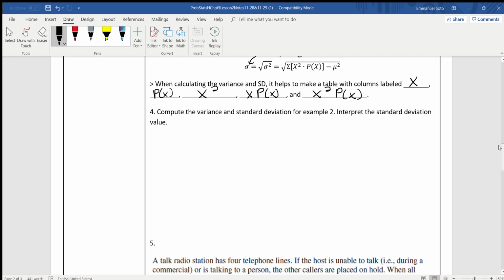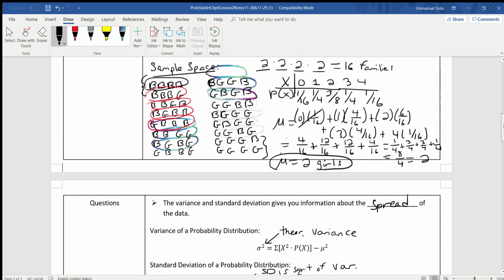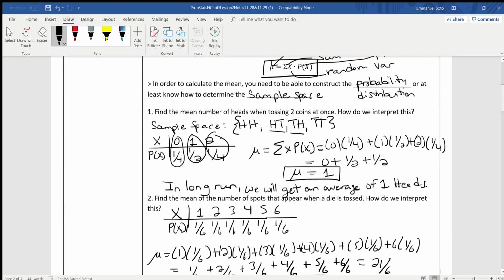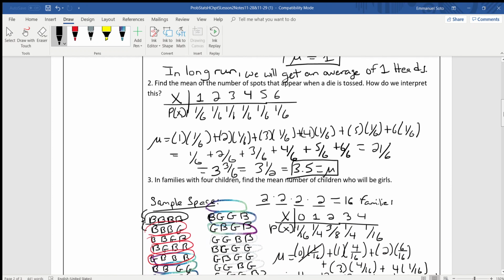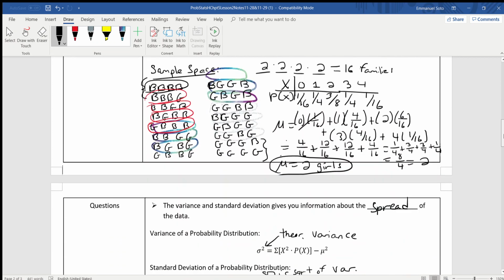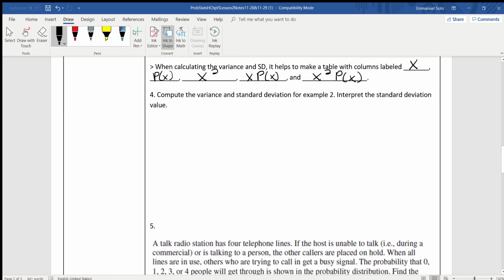We're going to do this for example 2. Remember that was the number of spots when a die is tossed. We're going to do the same chart. So we have x, we have p of x, so we have 1 through 6, and we have our probability.